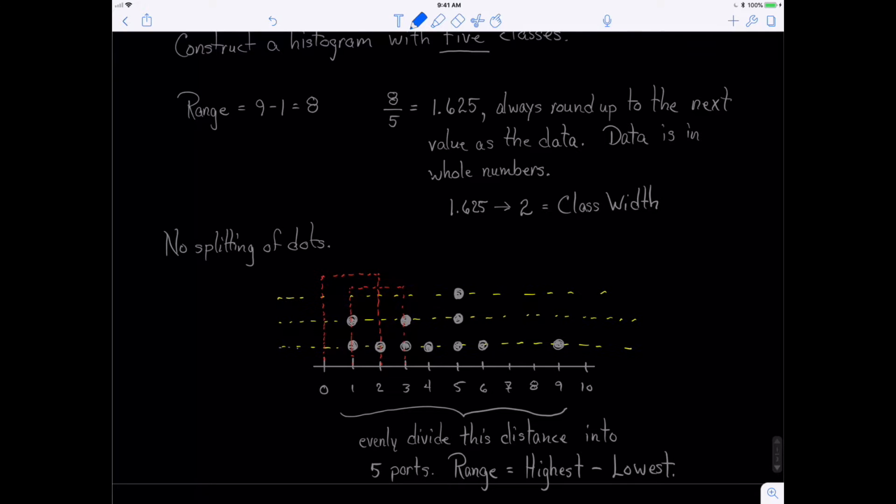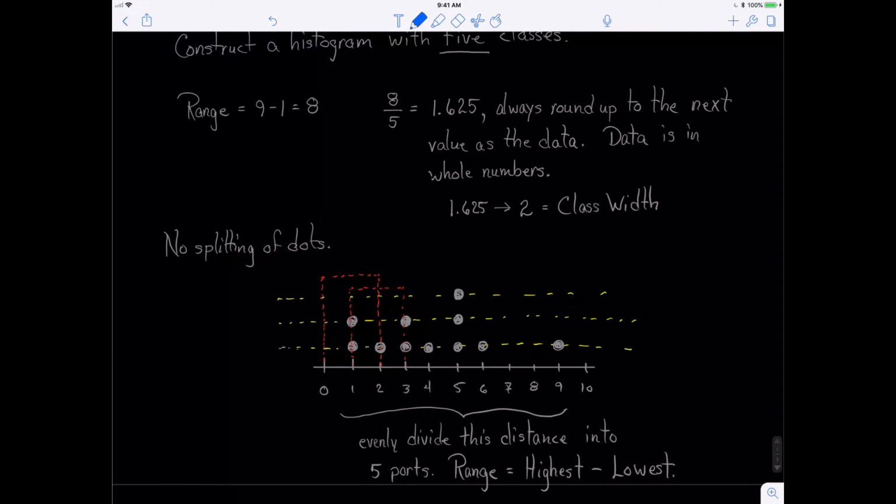So if our lowest data is at 1, the next value below that is 0. If we split 0 and 1, we would begin exactly at a half. So we're going to make a bin that goes from 0.5. Now if we go 2 units above that, here's 1, and then there's 2 units. Notice no dots have been hurt in the production of this video.